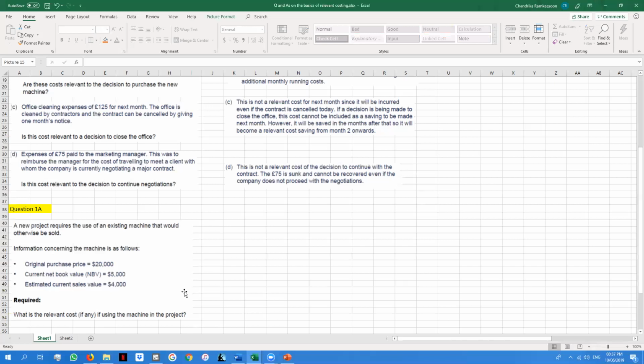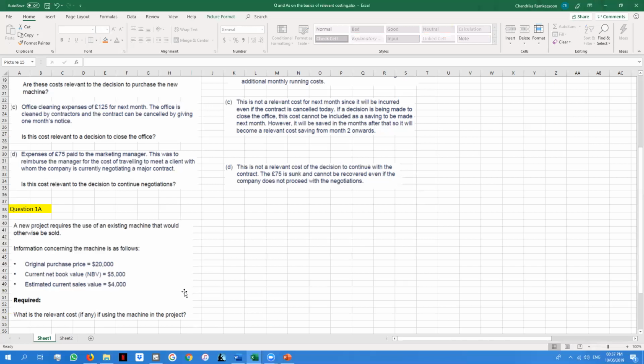So both the 20 and the 5 are not relevant because, of course, the depreciation charge in arriving at the 5 is not relevant. The only thing of relevance there is the 4. Let's consider: if the project goes ahead and the existing machine is used, the company will not get the $4,000 from selling the machine.